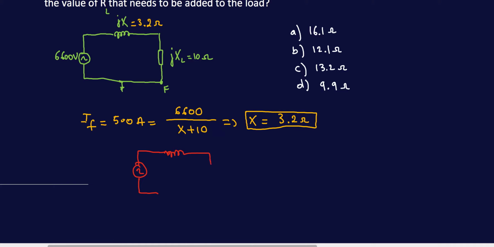For the load, instead of just having a load, it's split. You have a reactance and you have a resistance value. So this is still your 3.2, this is your 10 ohm, and this is RL. This is actually what the question is asking, as you can see from here. So don't get confused by what the question is.